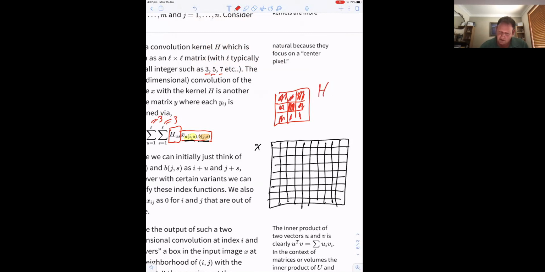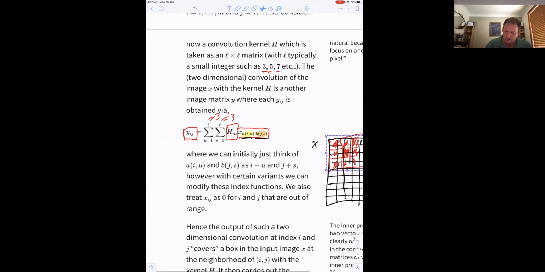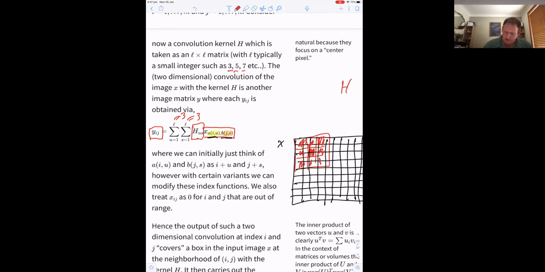You take this and do the inner product of the red part and what's underneath, and that gives you the first entry of the output image.